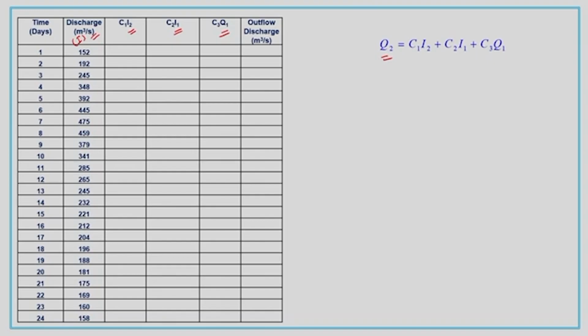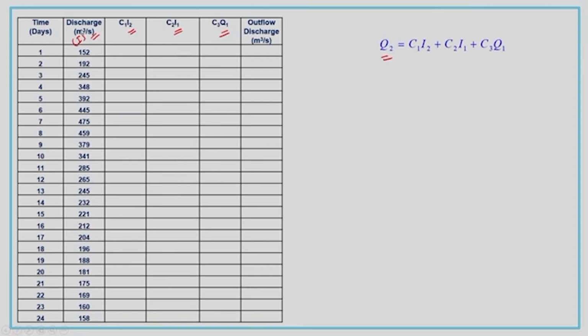So this way we will keep on computing Q, which will be the value at the end of each time step, equivalent to the value at the beginning of the next time step. So that way we will proceed with our computation. So C1 I2 is 0.0625 I2, C2 I1 is 0.25 I1, C3 Q1 is 0.6875 Q1.